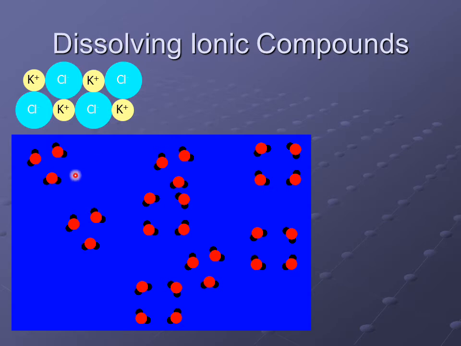This blue portion down here is some water, and water is of course made up of water molecules. I've shown a few water molecules, of course not all of them. You've got your red oxygen atoms, and with each red oxygen atom are two black hydrogen atoms.